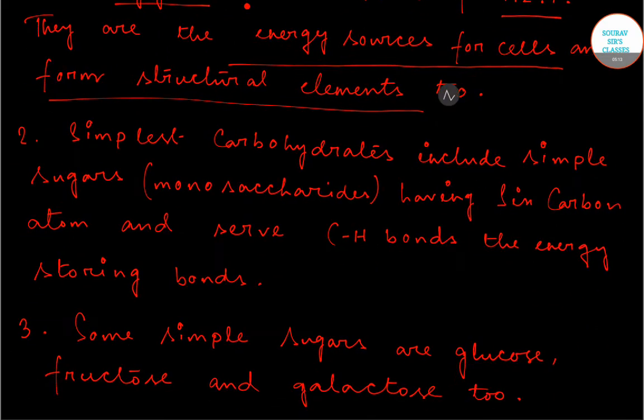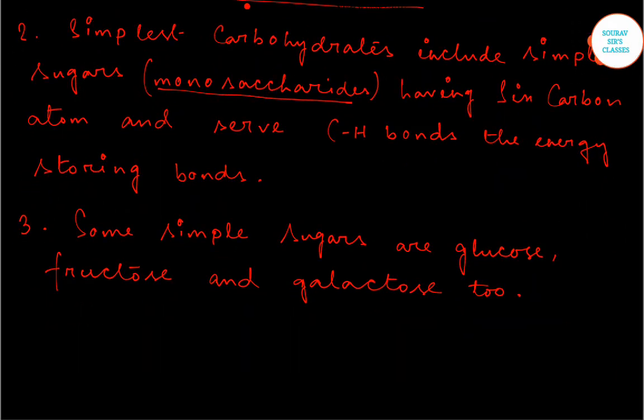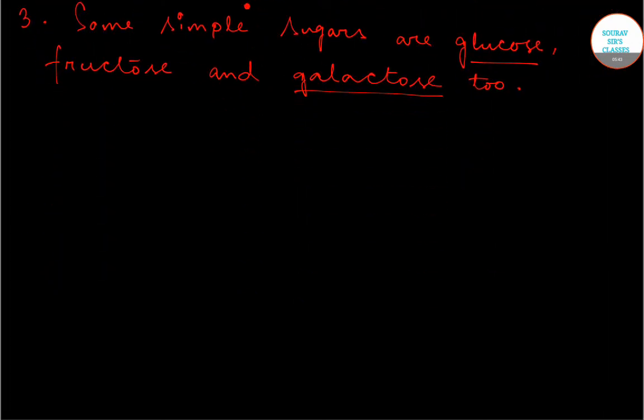The simplest carbohydrates include simple sugars known as monosaccharides, having 6 carbon atoms and serving carbon-hydrogen bonds, the energy storing bonds. Some simple sugars are glucose, galactose and fructose. Now I'm going to discuss glucose, fructose and galactose.